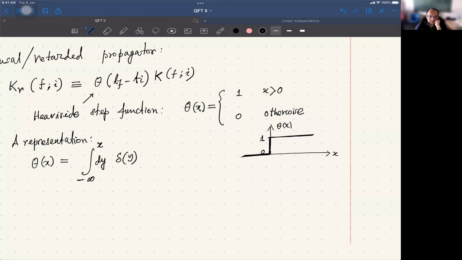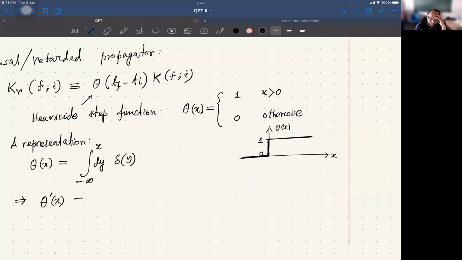So this is the Dirac delta function, and you can easily check. If this is the case, then it follows that the derivative of theta of x is equal to delta of x. Okay, and you can check this result explicitly.